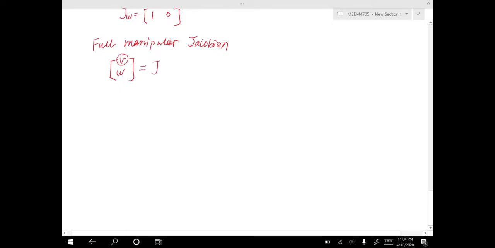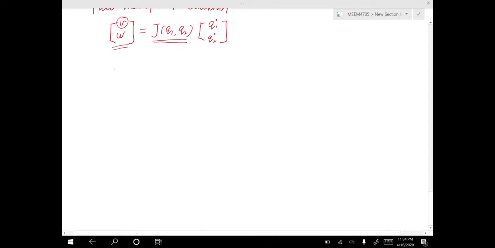And this is J(q1, q2), because the Jacobian is a matrix of only the joint positions, relating the end effector's velocity and the joint velocity.